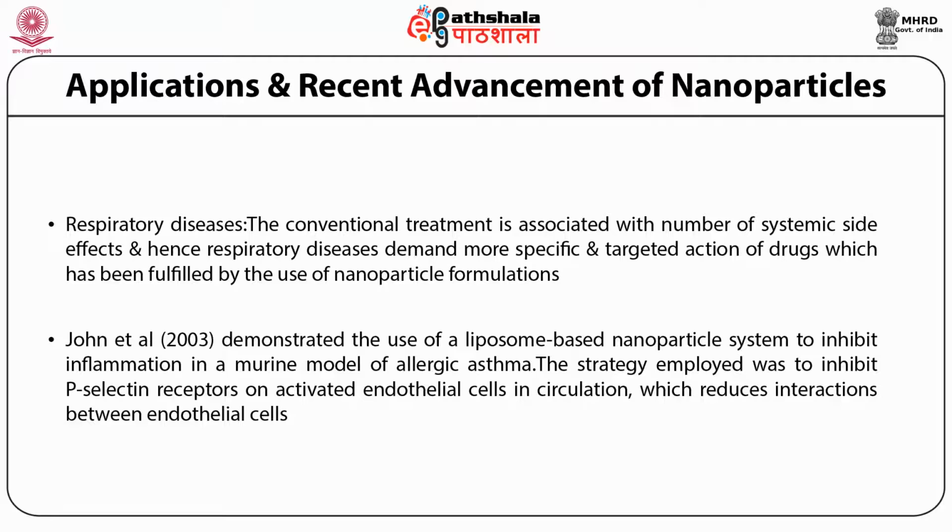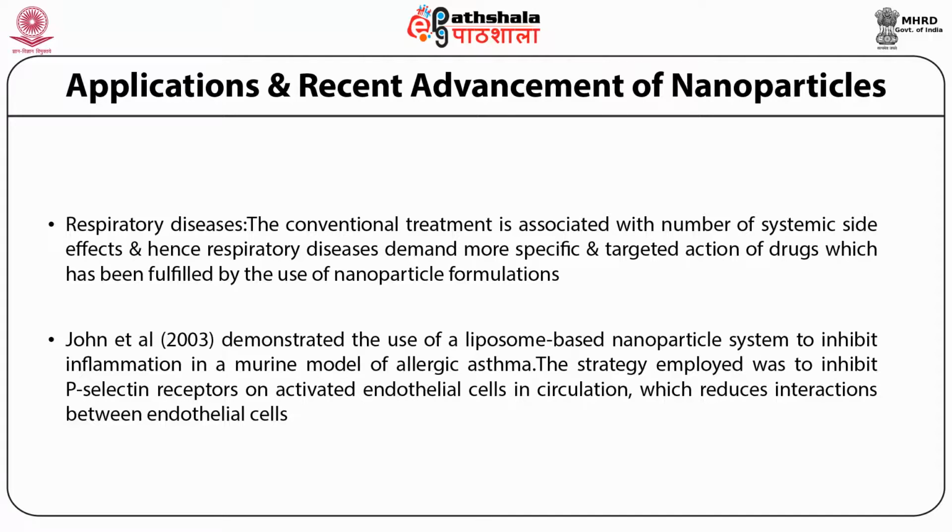Another example includes the study of Fang et al. in the year 2015, who developed a novel nanoformulation termed phosphatiosomes with an aim to improve the targeting capability of a phosphodiesterase 4 inhibitor to the lungs for the treatment of acute lung injury by intravenous administration.